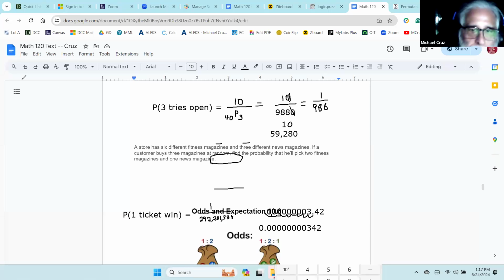It's still going to do the same thing. So it ends up being one over, and then we just knock off the 0. So 5,928.